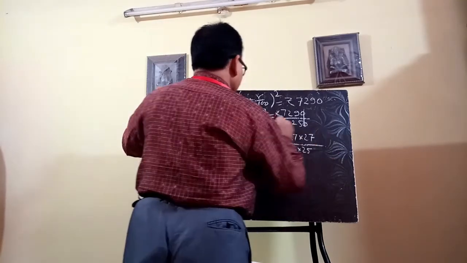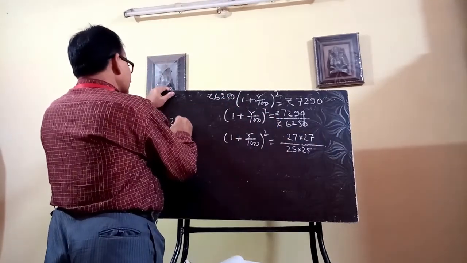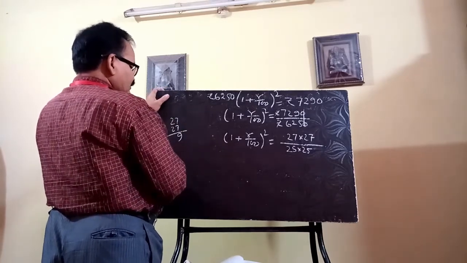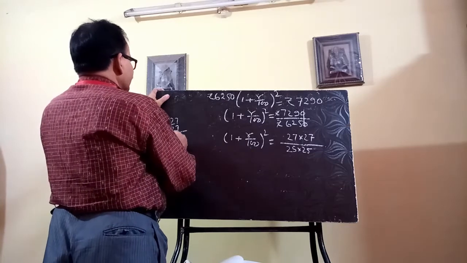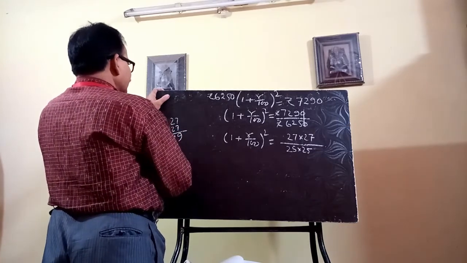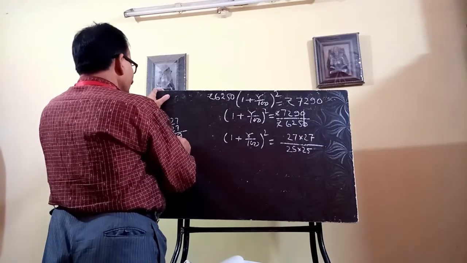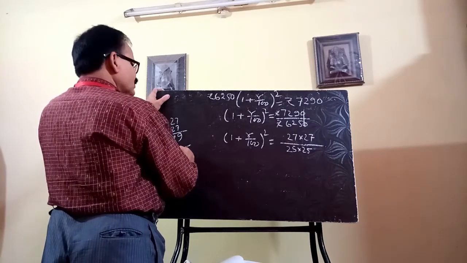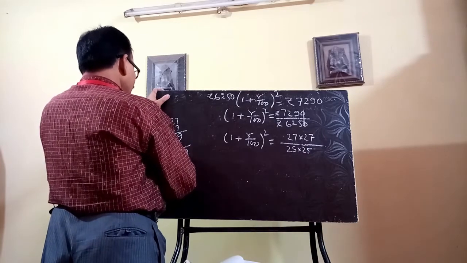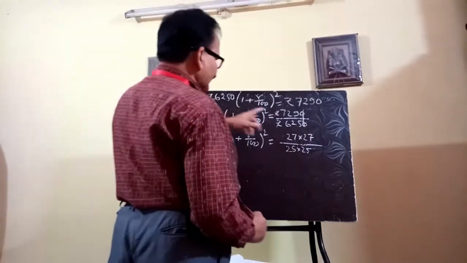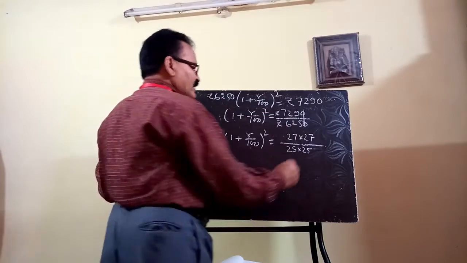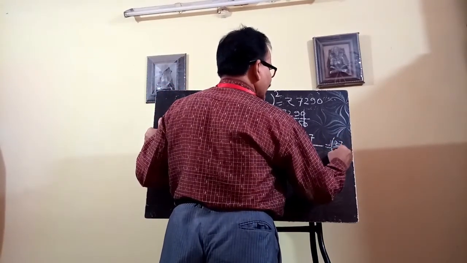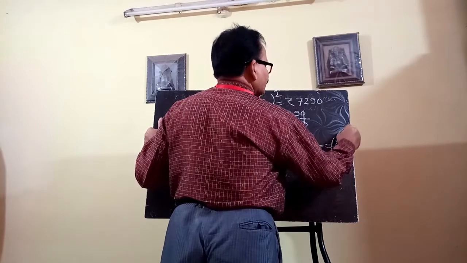Let me check. 27 into 27, 7 7 49, 7 7 49, 4 in hand, this is 18, 4, 5, so 9, 2, 7. 729 is the square of 27, so 27 square, and in the denominator it is 25 square.